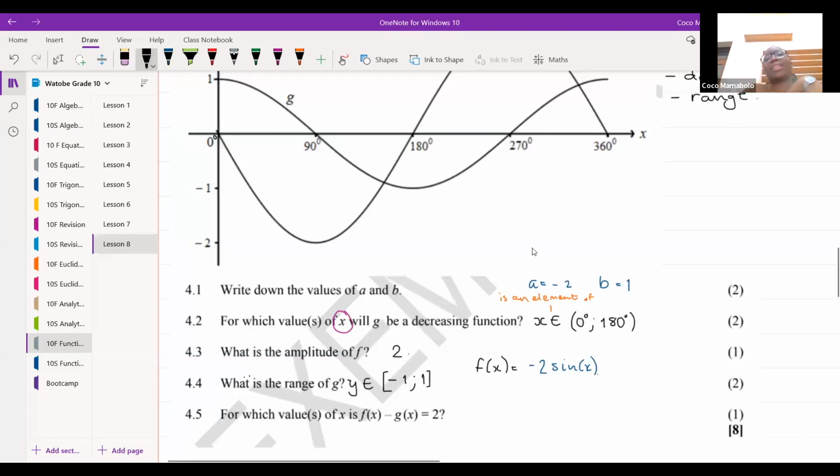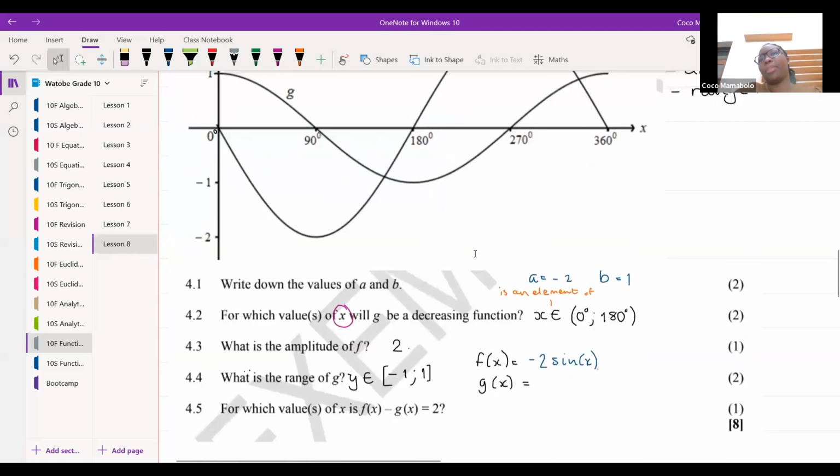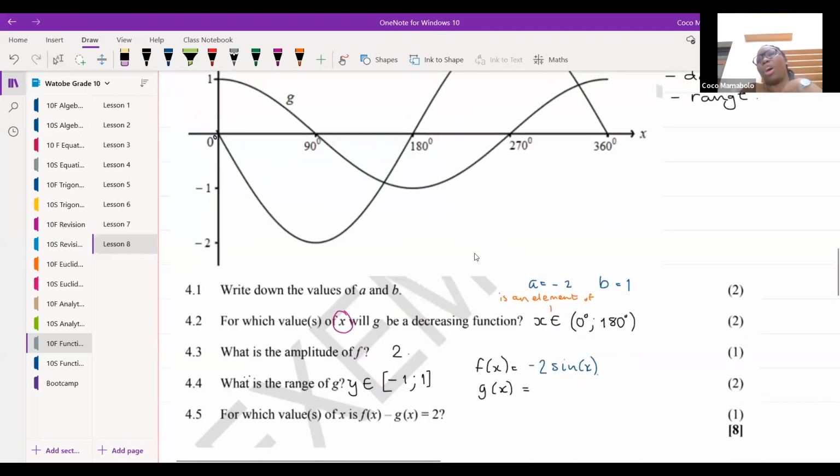What about g of x, guys? What is g of x? Let's go back. We said that b was equal to what? 1. Good. So we're going to have 1 cos x, but I'm not going to put the 1 in because 1 times anything is just 1. So I'm just going to write cos of x.